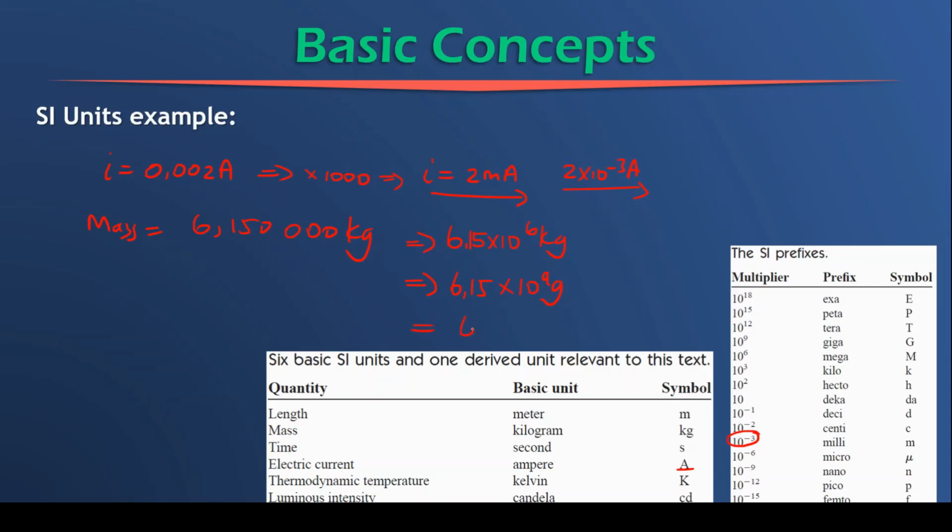So that can be given as 6.15, and then what is 10 to the power 9? You'll see that it's giga. So that will be gigagrams. And this is how you would be converting from one SI unit to another.